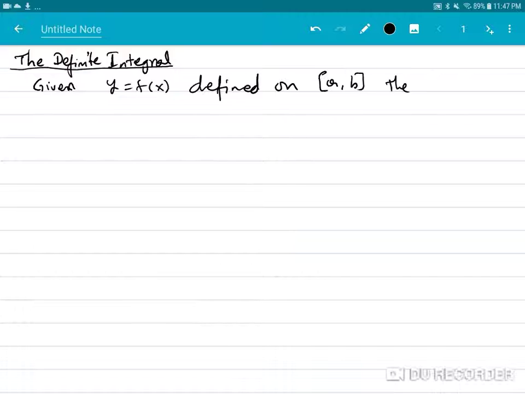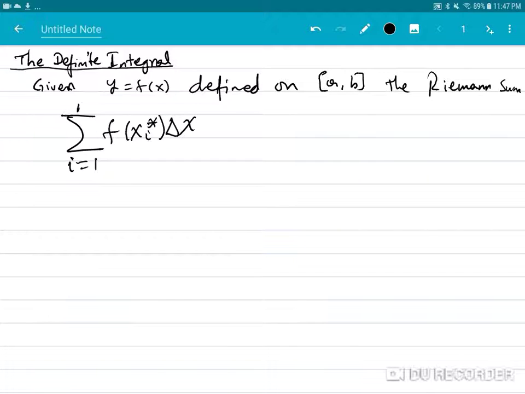The Riemann sum is this summation, the sum of f of xi star times delta x. Well, what's delta x? Delta x is (b minus a) over n.